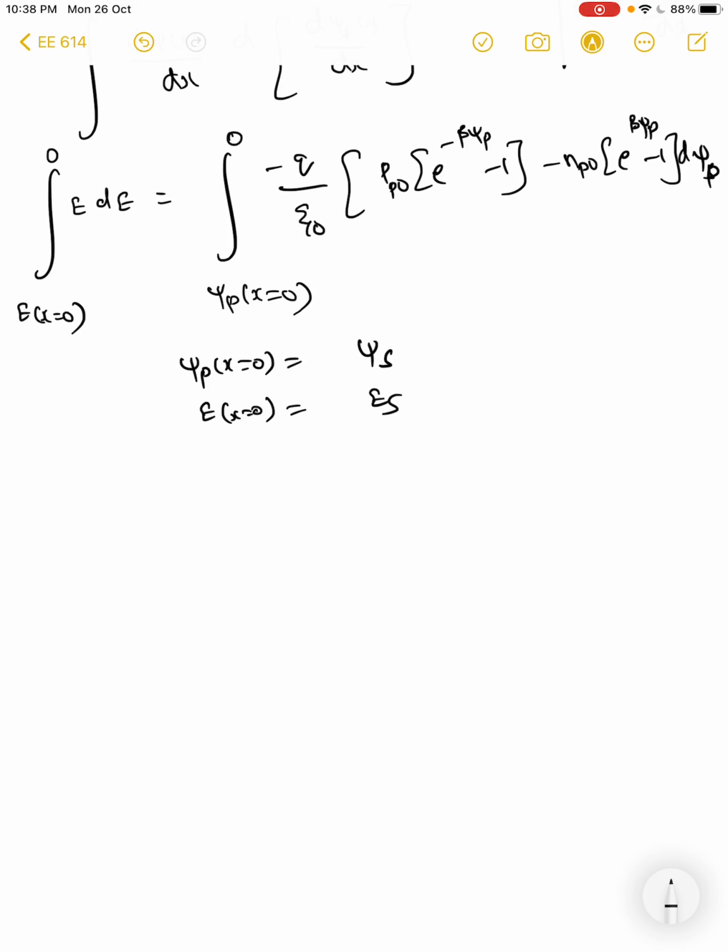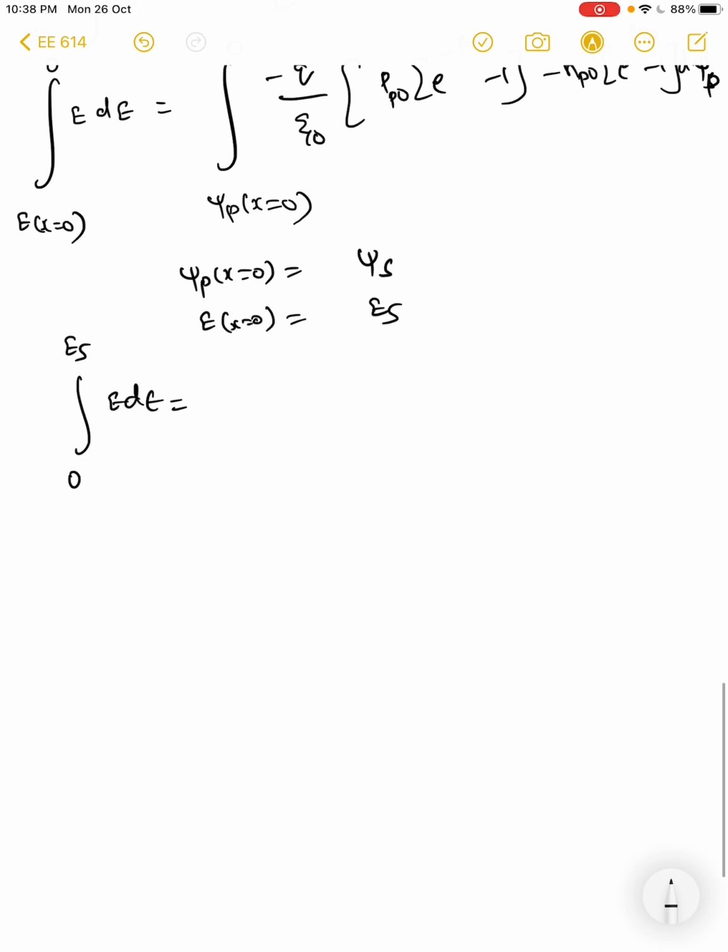Now both of them I can change the order of the integral. The integral of E dE on the right hand side will turn out to be 2kT by q squared q p_n0 β by 2 epsilon_s.